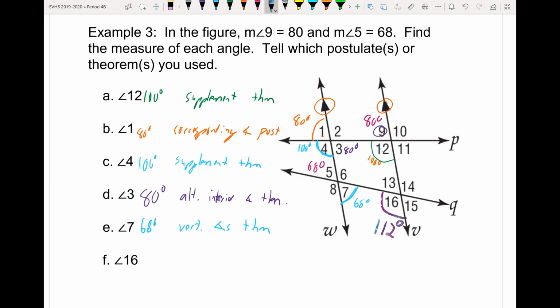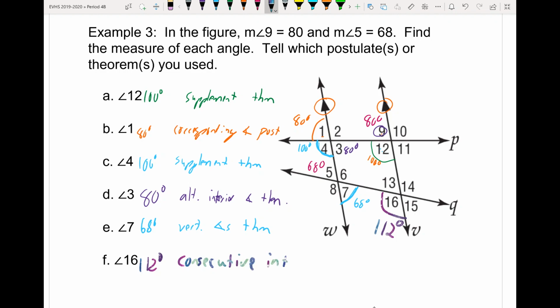That's your logic. So if this is 68, that's supposed to be 112. What theorem tells us that these two are supplementary? These are not alternate interior angles, though. They're interior, but they're on the same side, which means they are consecutive.